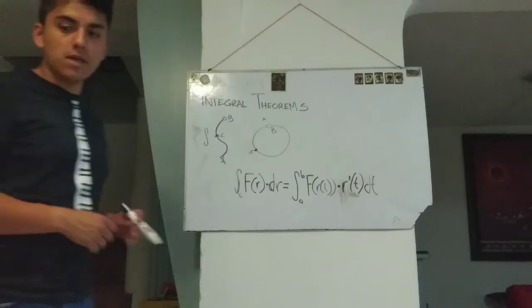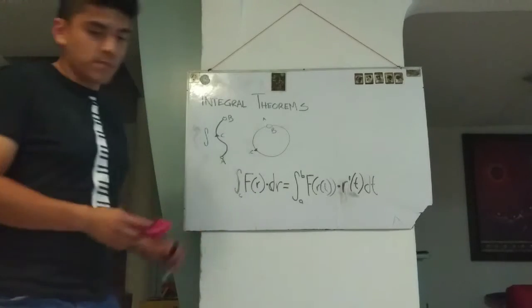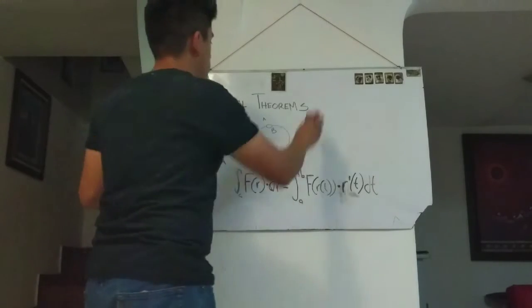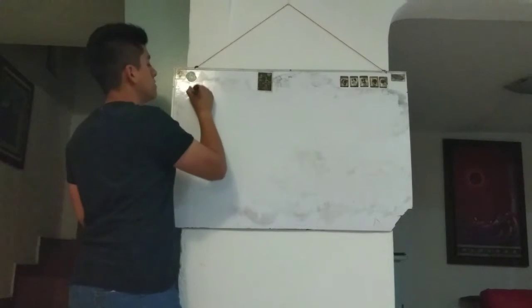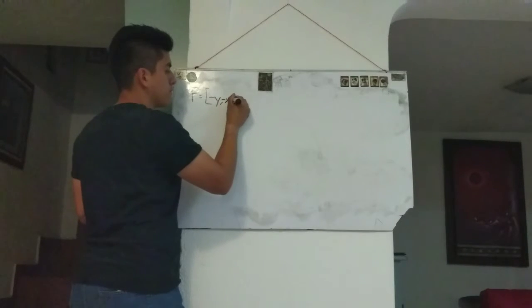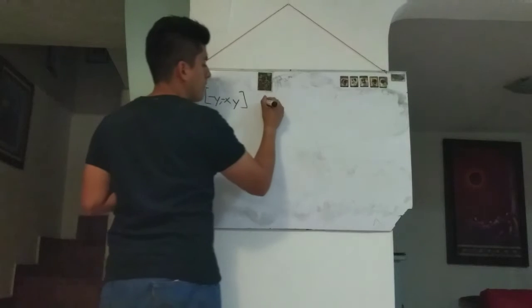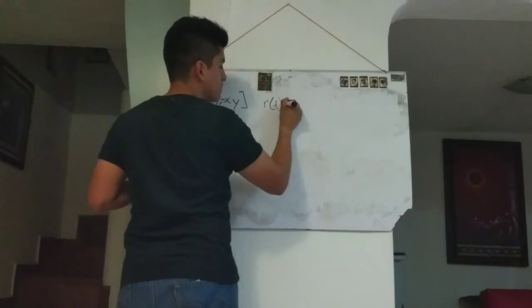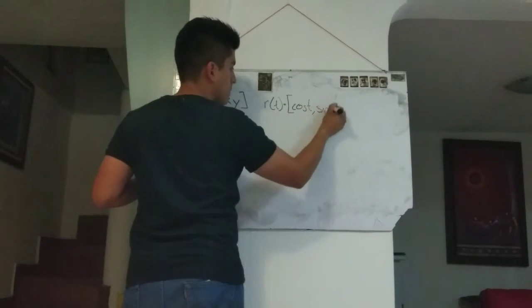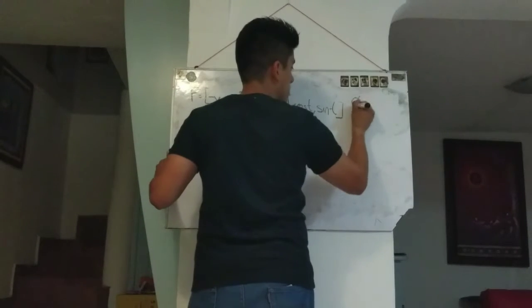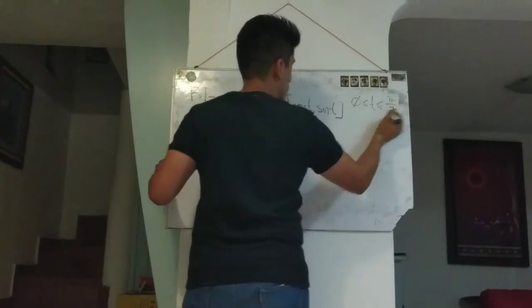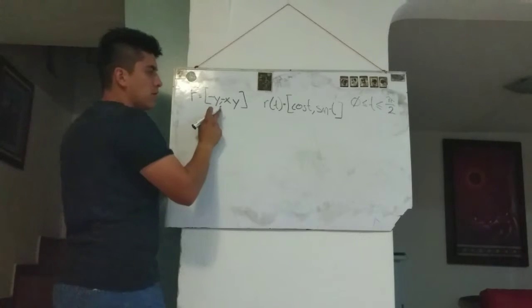Okay, let's see a quick example. We have our function. We have our curve. And we have t. First, we have to substitute the values of x and y.